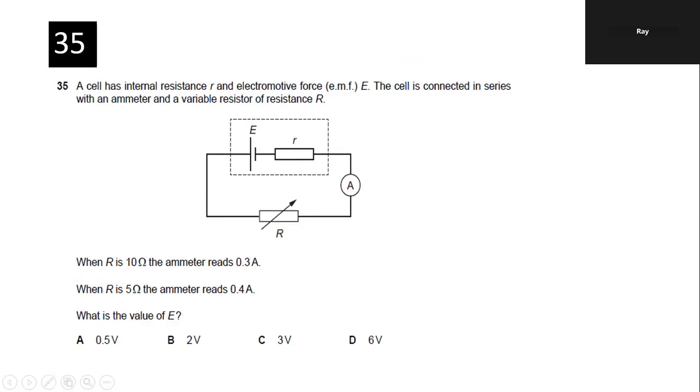A cell has internal resistance r and electromotive force E. The cell is connected in series with an ammeter and a variable resistor R. When R equals 10 ohm, the ammeter reads 0.3 ampere, and when R is 5 ohm, the ammeter reads 0.4 ampere. What is the value of E?